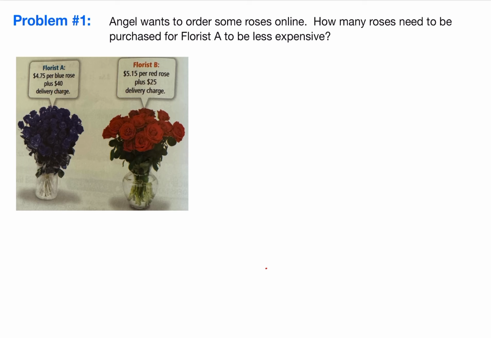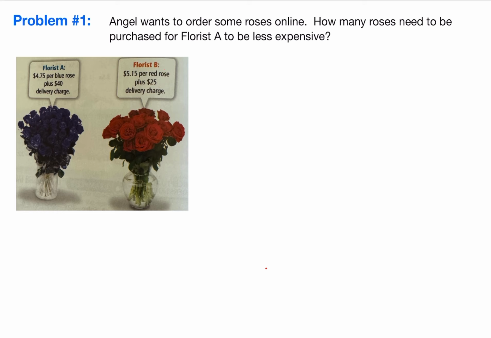Whereas if he were to purchase one rose from florist B, it'll be $5.15 per red rose, which is more expensive than the blue rose. However, with the delivery charge, that comes out to $30.15. Okay, $30.15 versus $44.75. So clearly, florist B is going to be cheaper.